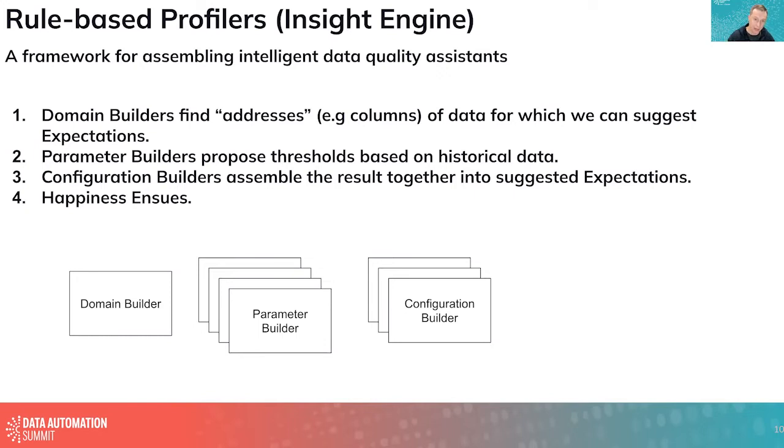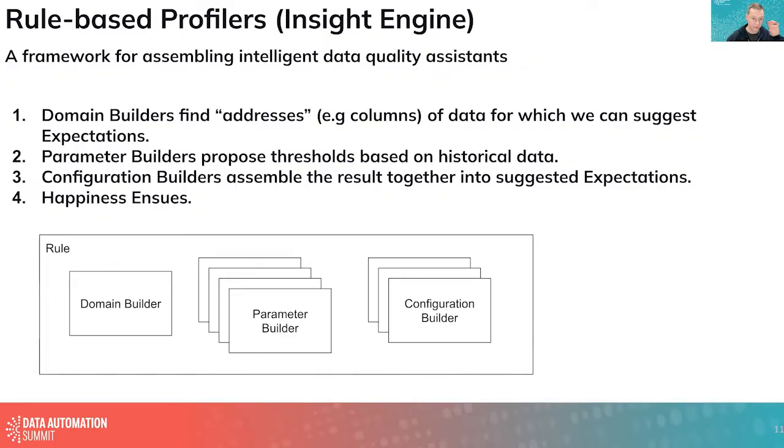So it's looking at the data to say, how can I find the kind of data that I'm interested in? And then parameter builders come in, and when they're looking at that data, they say, okay, what are the parameters that are going to be most useful for me based on the historical data and/or domain-specific knowledge that I have for that?